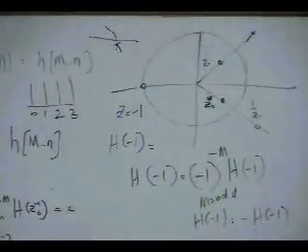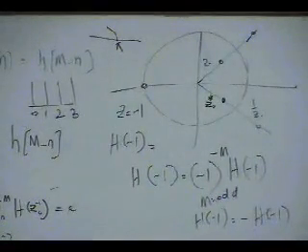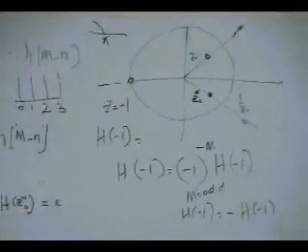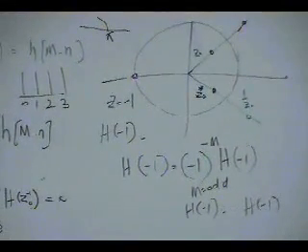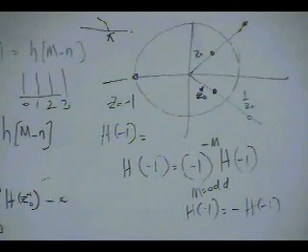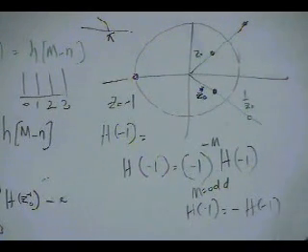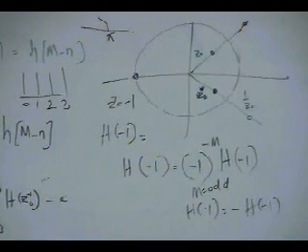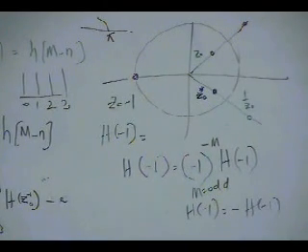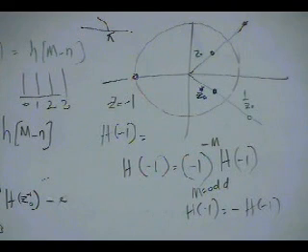So it means a type 2 filter cannot be a high pass filter, because by virtue of its symmetry, a type 2 filter will always have a 0 at pi, means it will always touch 0. Means you cannot have a high pass filter as a type 2 filter. This is the consequence of symmetry.